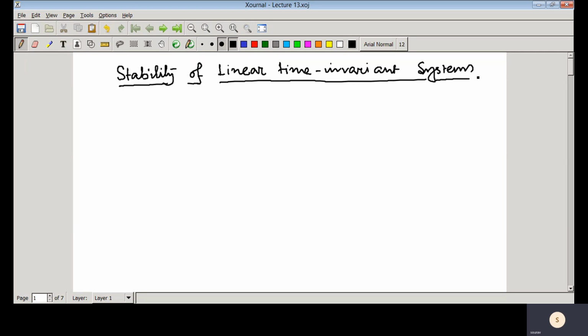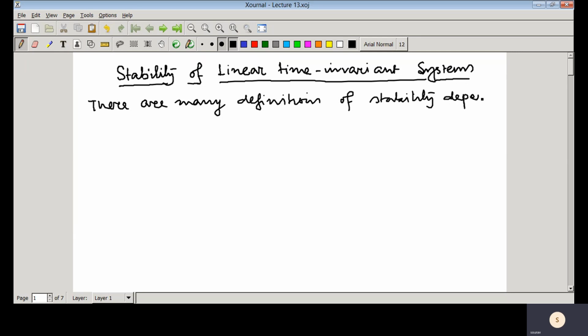So there are many definitions of stability, depending upon the type of system, that means whether it is LTI or linear time invariant, or time varying, or linear or non-linear.